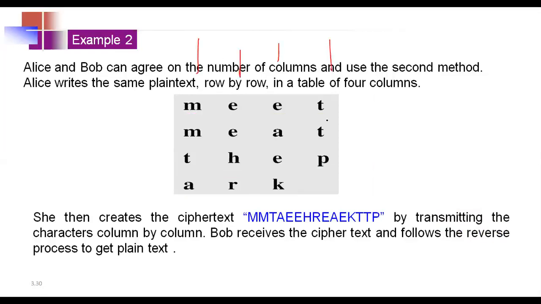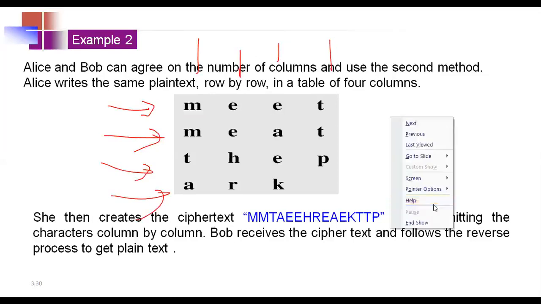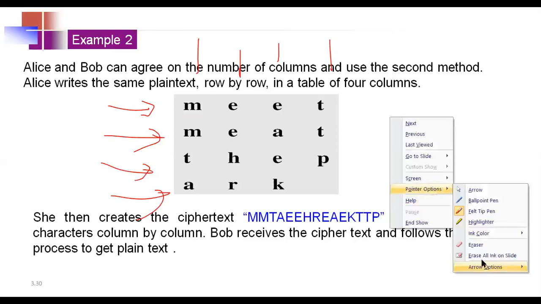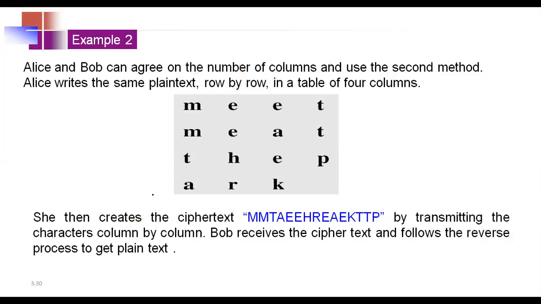Assume this table has 4 columns, so all the plain text characters are written row by row. Then at the time of conversion, simply read it column by column.